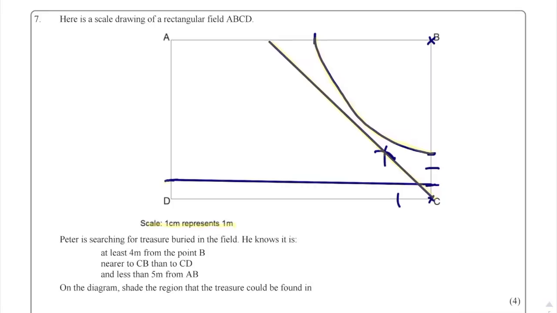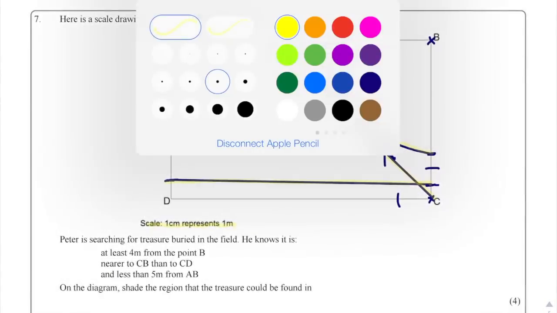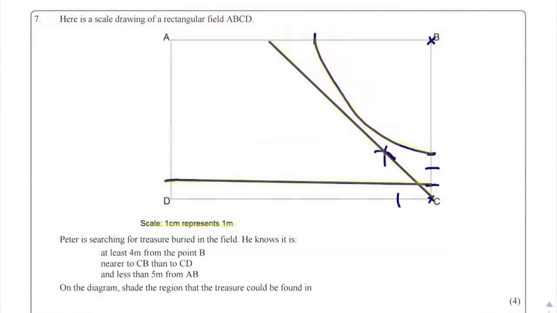Well, that was this line that we drew here. So the region, if I shade this in red, should be this region here. And that is our final answer.